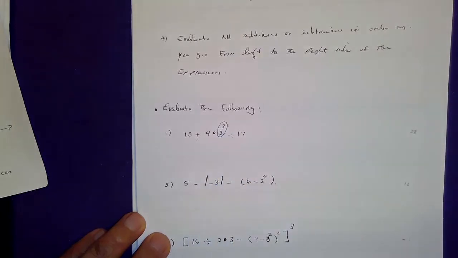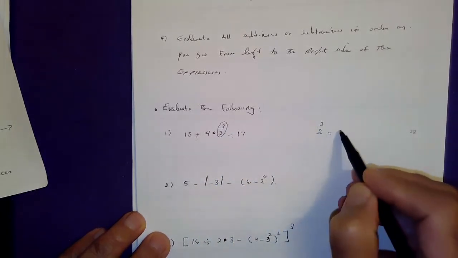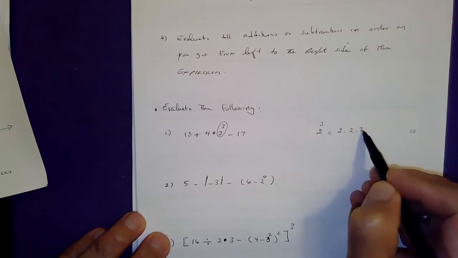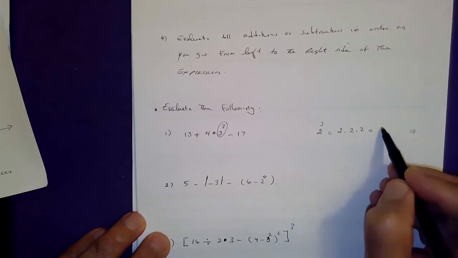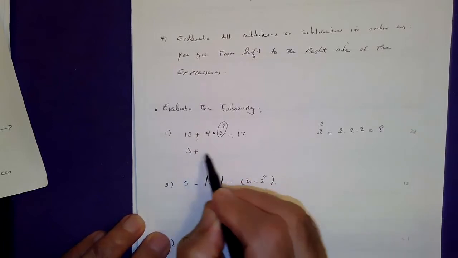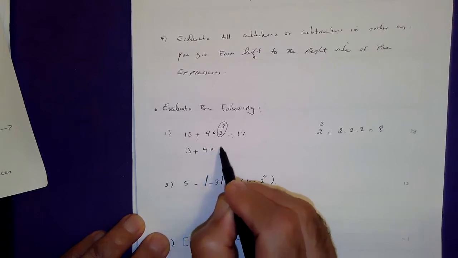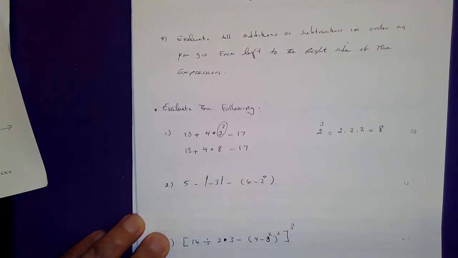So let's take care of that guy first. Keep in mind 2 to the power of 3 means you got to multiply 2 by itself 3 times, which gives you 8. So this would read 13 plus 4 times 8 minus 17.